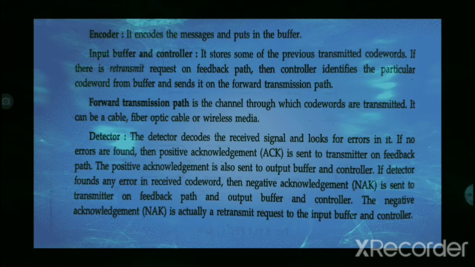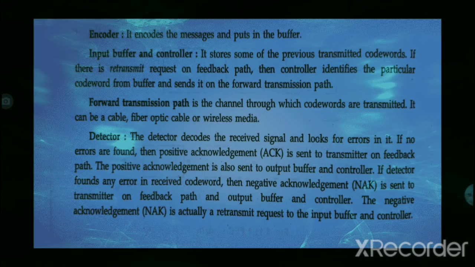Encoder, it encodes the messages and puts in the buffer. Input buffer and controller, it stores some of the previous transmitted code words.